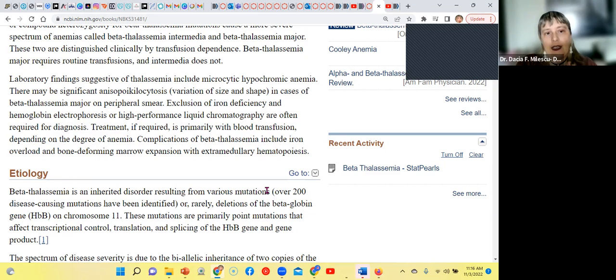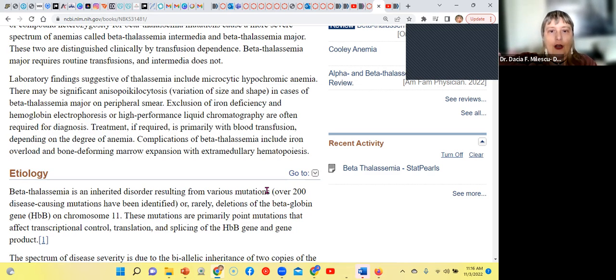So laboratory findings of thalassemia is basically microcytic hypochromic anemia. Histologically, you're going to see the variations in size and shape, and hypochromic meaning the color is diminished, okay, when you stain it.